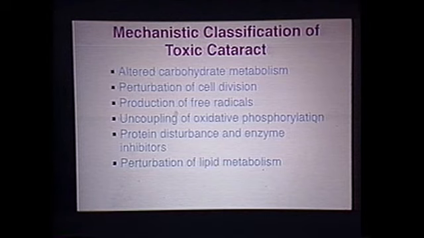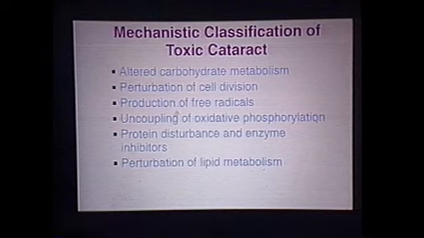Now we ought to move on and consider what types of cataracts we get as a result of toxic damage. In the past, cataracts have often been classified according to whether they're cortical or nuclear, anterior or posterior, juvenile or senile, in other words, according to their anatomical location. Unfortunately, particularly with respect to toxic cataracts, this is not all that useful.